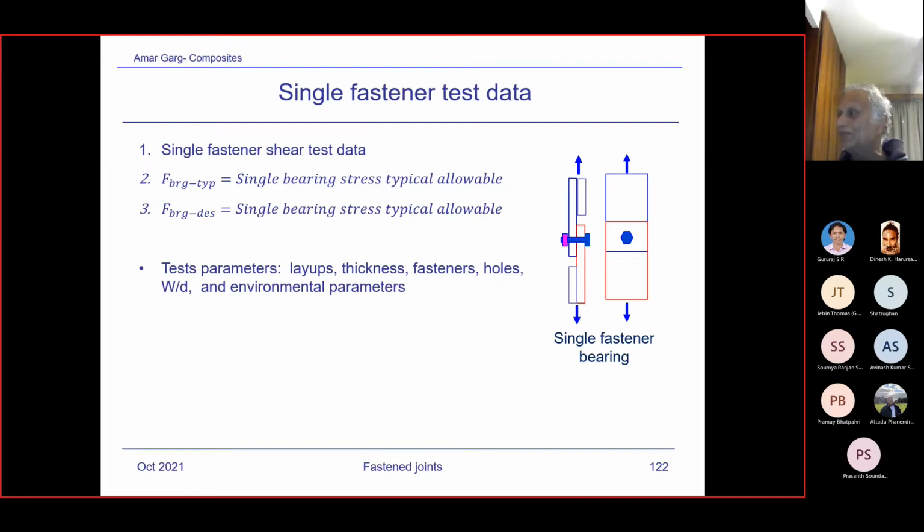And there would be a summary sheet created. The margin for one load case may be lower, another load case may be higher, but at another place another margin may be lower. That is why it's very important to consider all the critical load cases. It's a big process in the aircraft industry. We don't leave any critical load case.